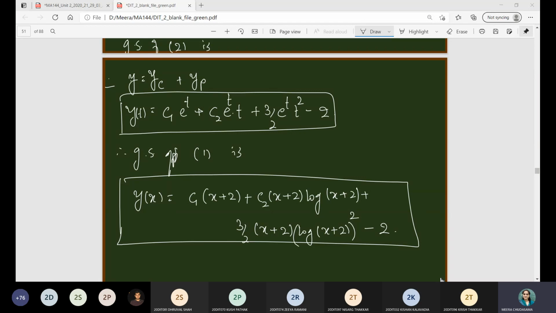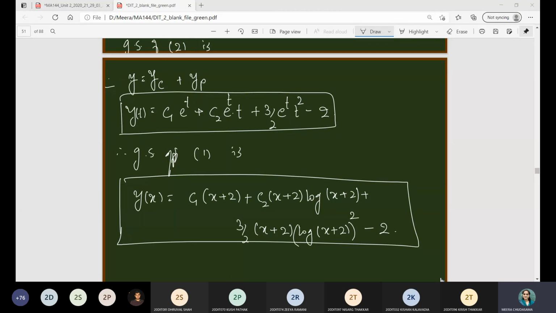So whenever you have exponential or polynomial functions on the right hand side, I suggest you go for the method of undetermined coefficients. In the exam, you will just be asked to solve a Legendre or Cauchy-Euler differential equation. In those examples, it will not be mentioned whether to use the method of undetermined coefficient or variation of parameter. So the choice will be yours, right?